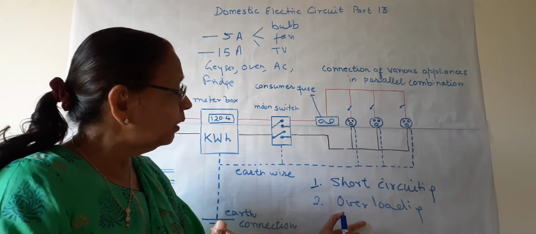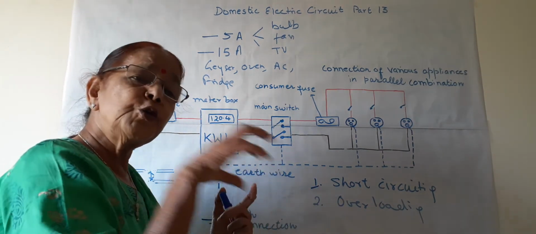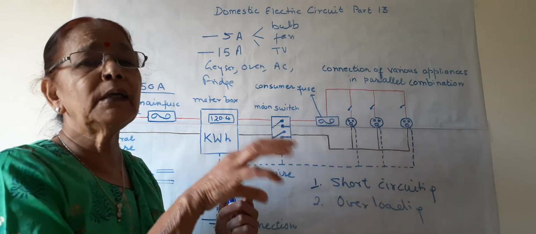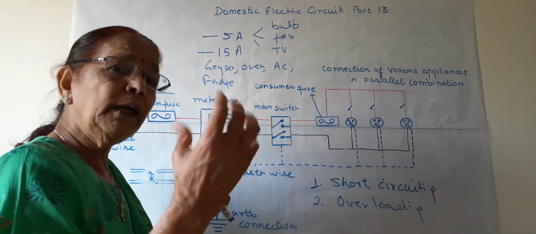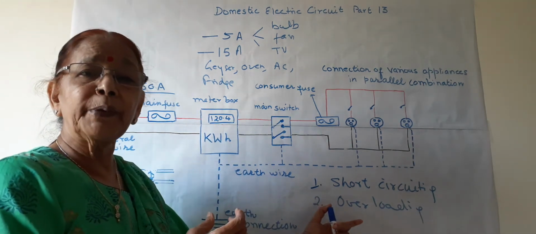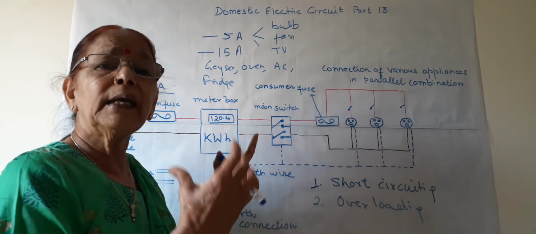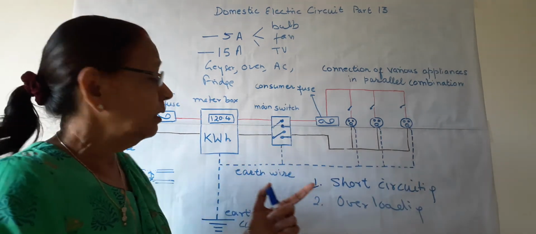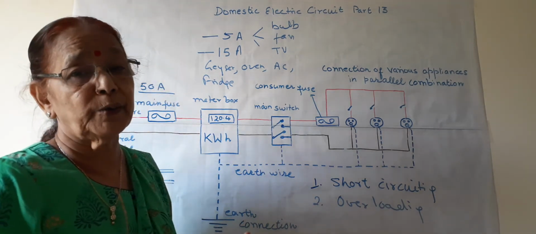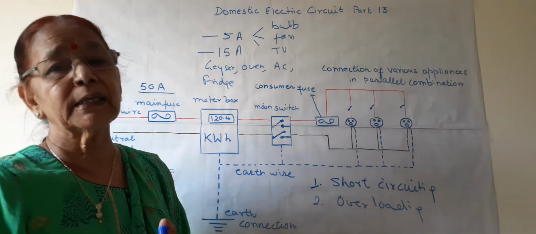So this is overloading, when more appliances are connected together to a single socket and all are operating together. When they are operating together, they will draw the current of their need and the current will be more. That is known as overloading. So this is all about the domestic electric circuit.